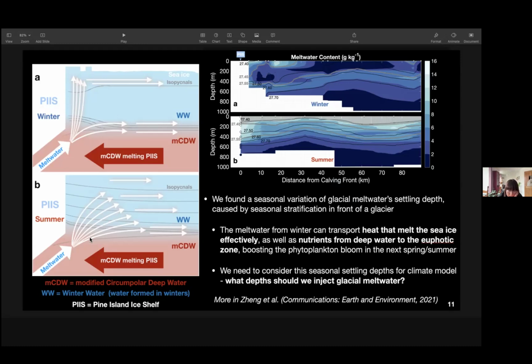And now our research shows that we will probably need to consider the seasonal variation as well when we are thinking about where we should put the meltwater into our climate models and coupled models in this region. So then again, if you want to know more about this, you can find everything in this paper here. So that would be everything for the first part.